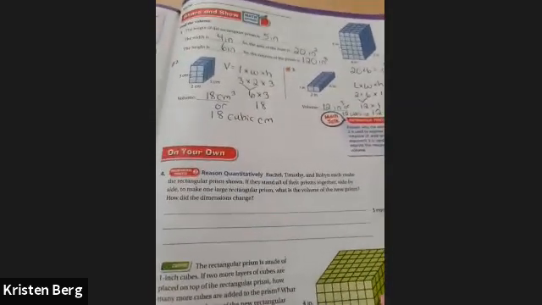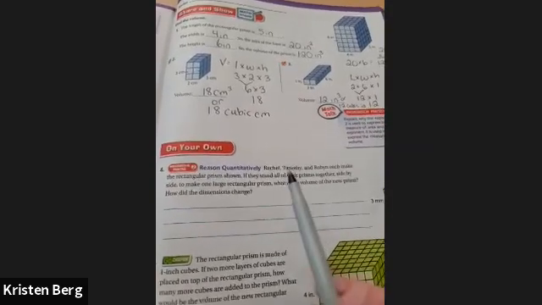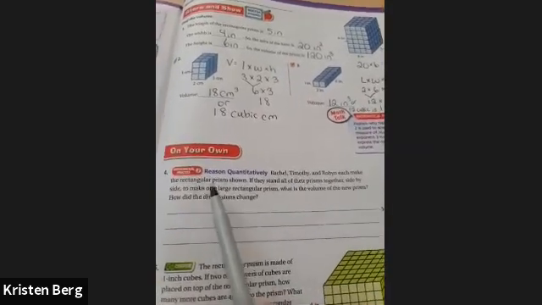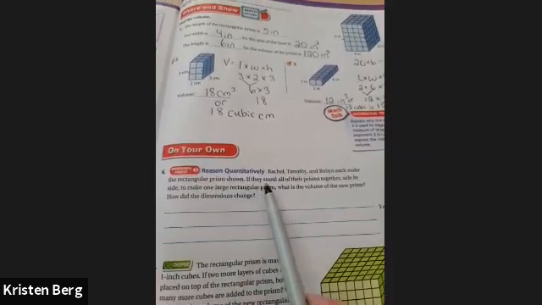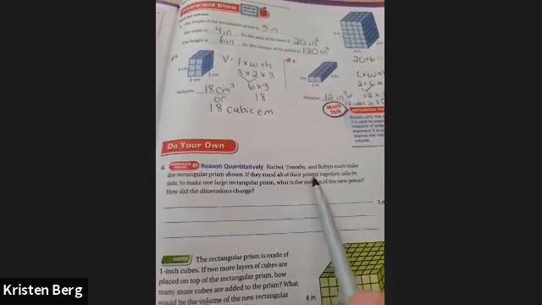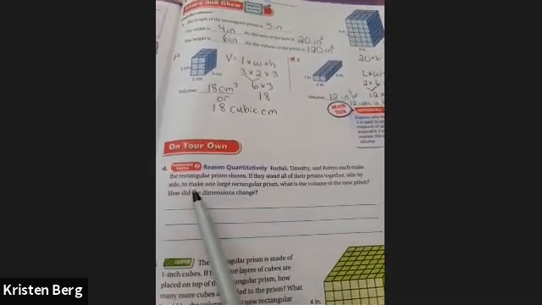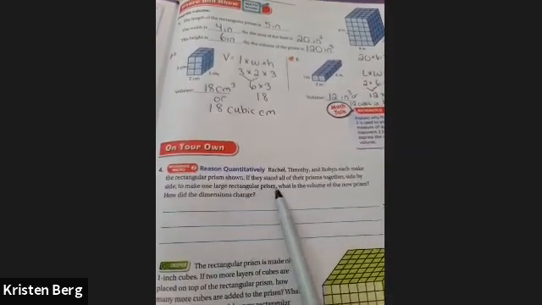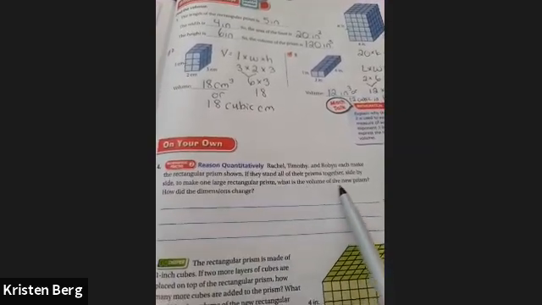All right, so this one says, Rachel, Timothy, and Robin each make a rectangular prism shown. If they stand all their prisms together side by side to make one large rectangular prism, what is the width of their new prism, and how do the dimensions change?